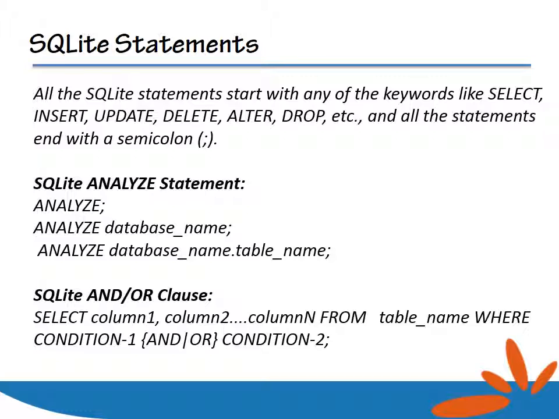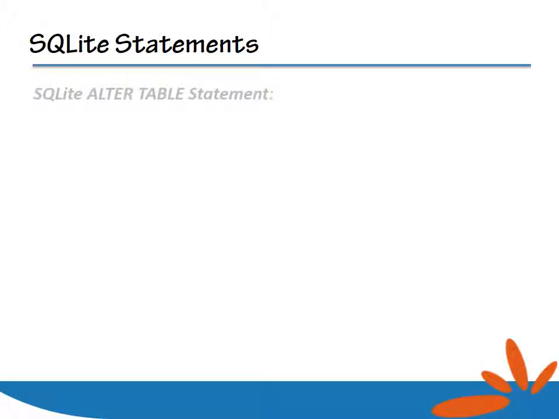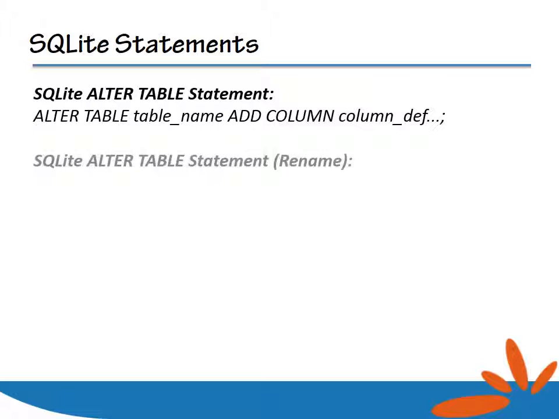The next one is the SQLite alter table statement. For example, if we want to use this, we can directly type alter table, table name, add column, specify the column definition, then terminated by a semicolon. This particular line of code can be used in adding a new field in the database, or specifically in our table.